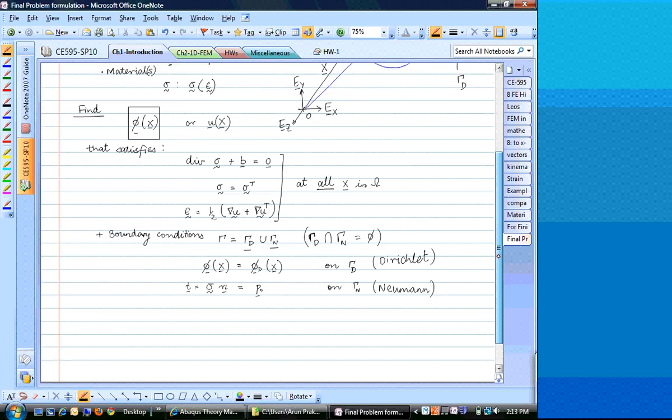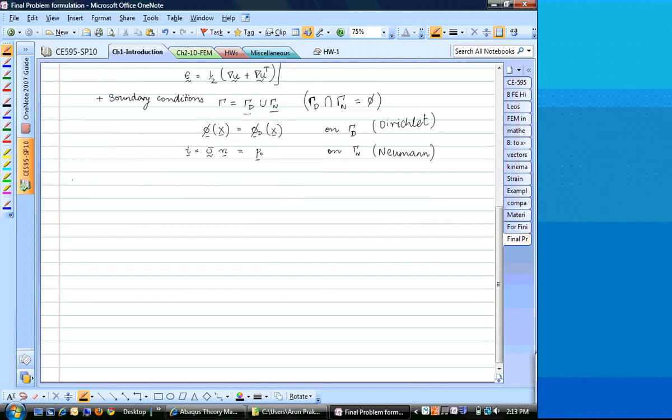Okay, so if I were to ask you something like this, again I have a wire and I'm going to apply some load P, which is let's say 10 kilonewtons, and the wire has some density and some area of cross section and all that.